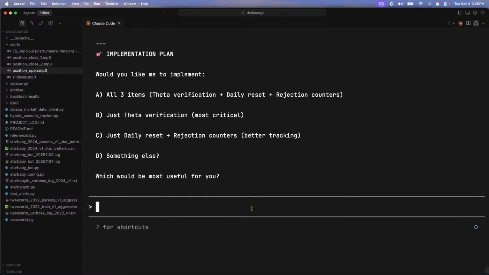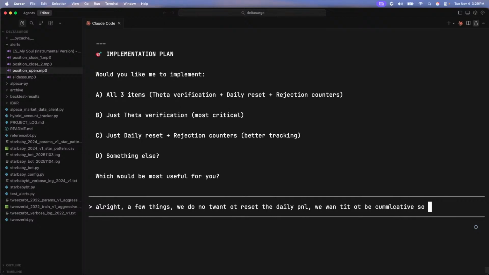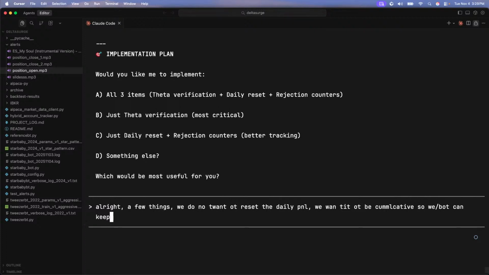Okay. All right. A few things. We do not want to reset the daily P&L. We want it to be cumulative, so the bot can keep track of performance.